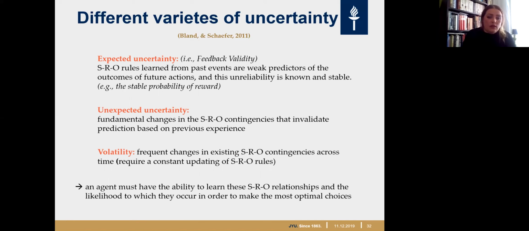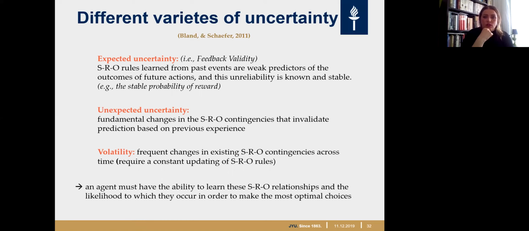There are fundamental changes in the stimulus response outcomes that invalidate predictions based on previous experience. And the third one, volatility, that is frequent changes in these rules, and it requires constant updating of the rules. These are the definitions of the different varieties of uncertainty, based on the SRO rules.